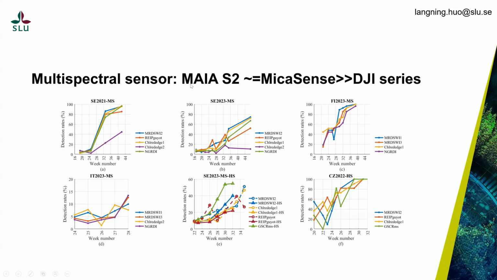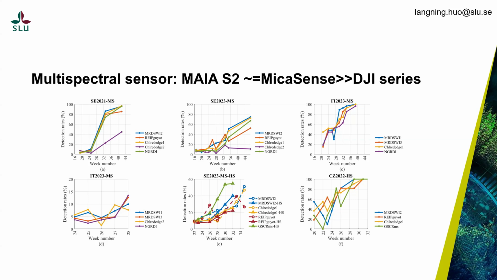And because our sensor from Mica has 3 different bands, including this red edge 1, 2, it's possible to compare the detection rates. So we can see in this case, the purple one is from the red edge 2, and that's the DJI series. By comparing these 2 different red edge bands, we see that the red edge band in the DJI series is not sensitive to the early stress at all.